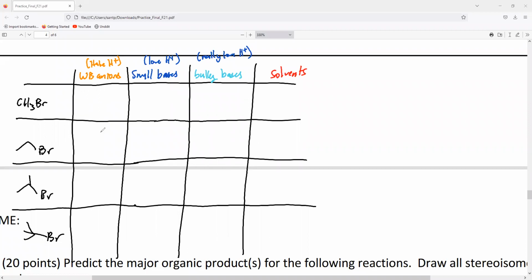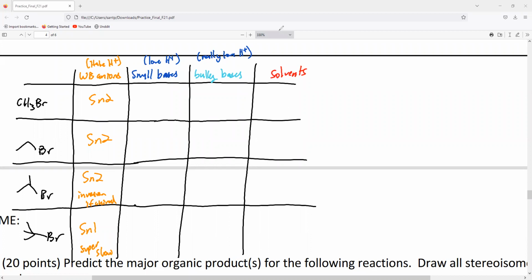So for a majority of these reactions, especially for the methyl and the primary, we're going to see SN2. We'll see SN2 for secondary. Just remember that there is inversion of chirality. And then for tertiary, SN2 is impossible. So weak bases have to substitute because that's all they're good at doing. So they'll do this by SN1, but it's super slow.